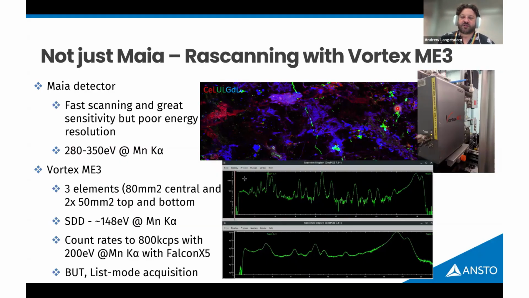These two spectra are from this map, and they are showing the difference between the Maya at the bottom here and the Vortex at the top. The Vortex has a much lower total count rate, but each of these peaks is much, much cleaner, and so you can use that to map much better.